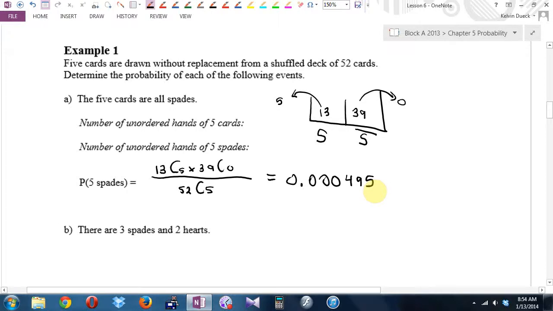Mr. Dueck? Yeah? Why did you bother doing the 39 choose 0? Couldn't we have ignored that? Well, sort of, but I want to show you. You may have noticed in this unit, Erica, I like built-in error checks. So on the tree, there was a built-in error check. You had to add one. If you're doing a choose, you may notice that this number and this number add to that number.